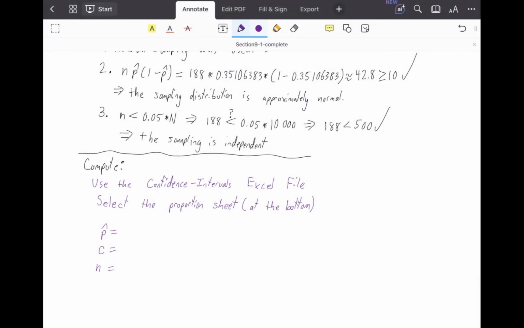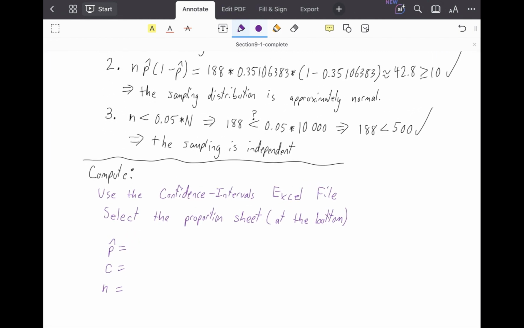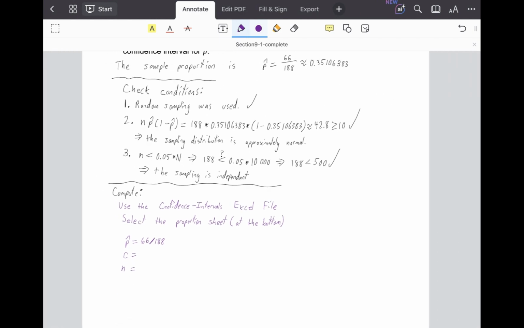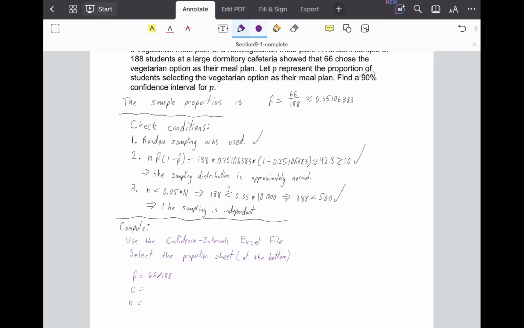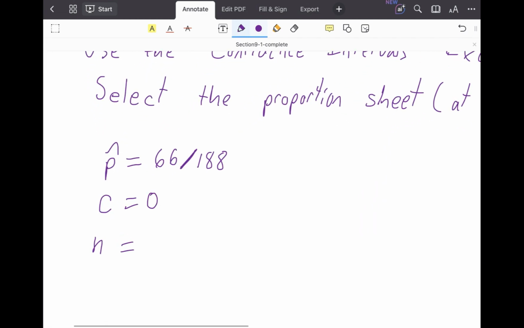After I copy down those, I just need to identify what they are. P hat was something that we actually calculated already. That's 66 out of 188. I'm just going to do the division in Excel so I don't lose decimal places. The confidence level given in the problem, right here, the 90%, so 0.9.